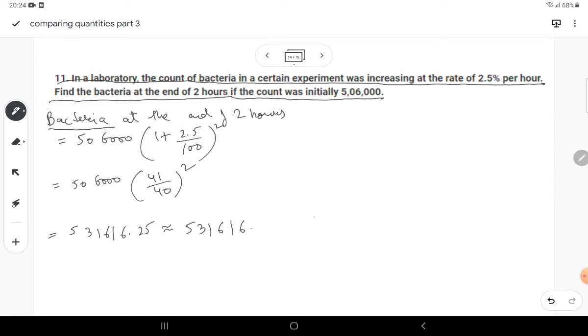So bacteria at the end of 2 hours, this is one of the application of compound interest as I have discussed in the previous video. So putting the value in the amount calculation formula for compound interest, we get 5,06,000 into 1 plus rate is 2.5% per hour. So rate 2.5 upon 100 raised to power to be calculated for 2 hours. So 2. On solving, we get the approximate value as 531616.